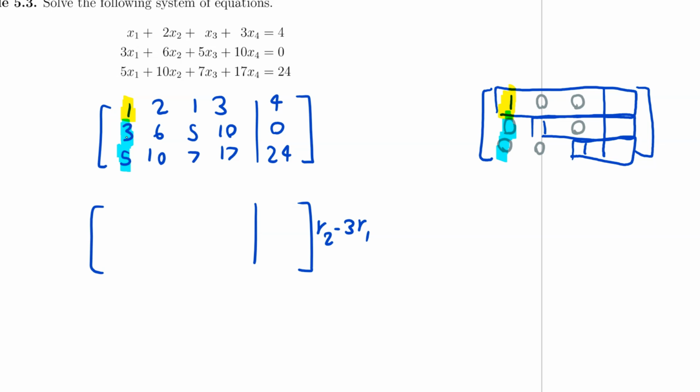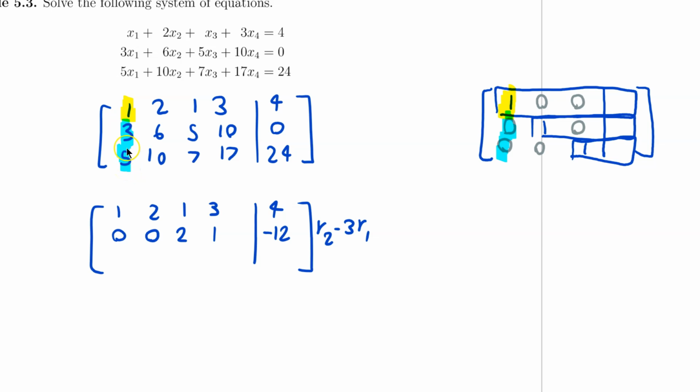If I do that, my row 1 is going to stay the same. If I subtract 3 times row 1 from row 2, I'm going to get 3 minus 3 is 0, 6 minus 3 times 2 is 0, 5 minus 3 times 1 is 2, 10 minus 3 times 3 is 1, and then 0 minus 3 times 4 is negative 12. And I would like to change this 5 into a 0 as well.